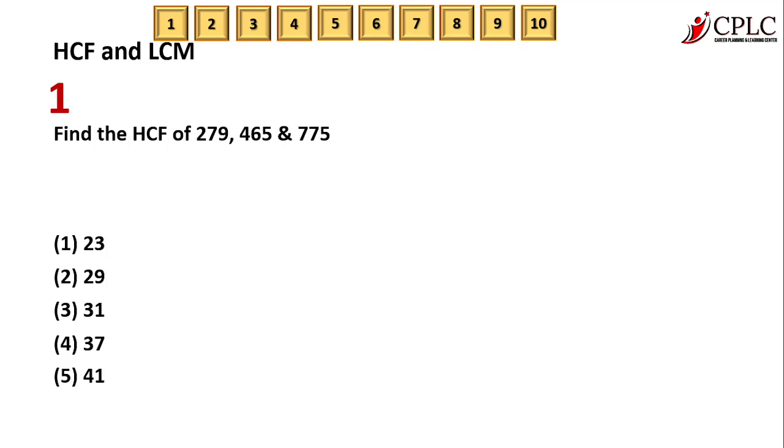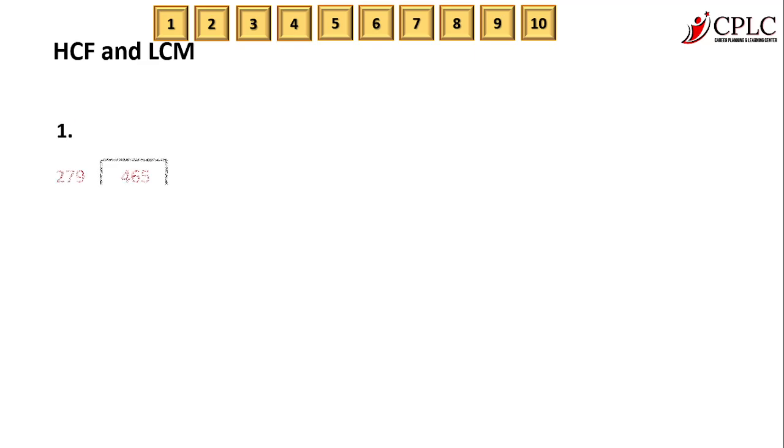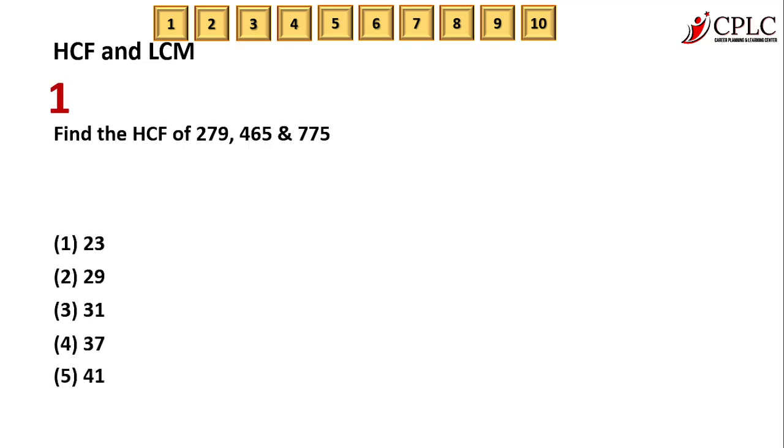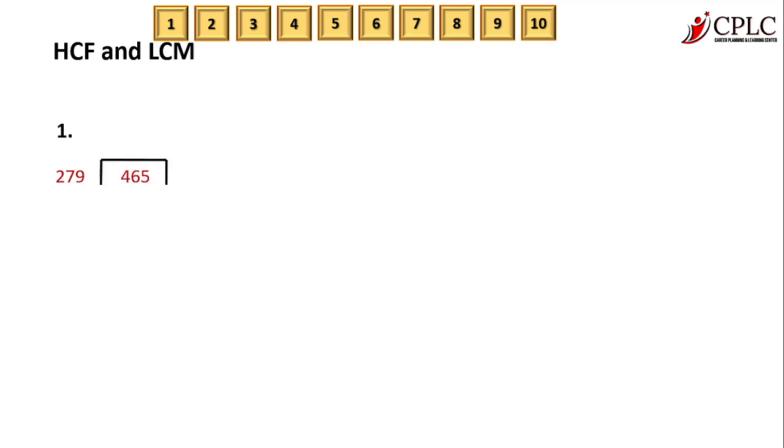For three numbers, if you are doing the division method, that is something new for us. So let's explore that. You can start with any two numbers out of the three. So let's start with 279 and 465 and start dividing them with the normal division that we know from school days.